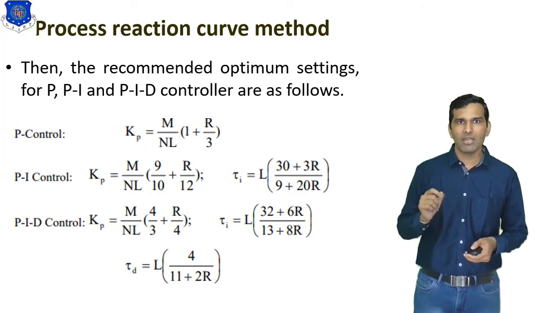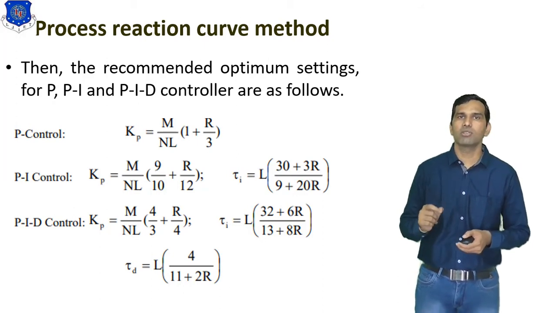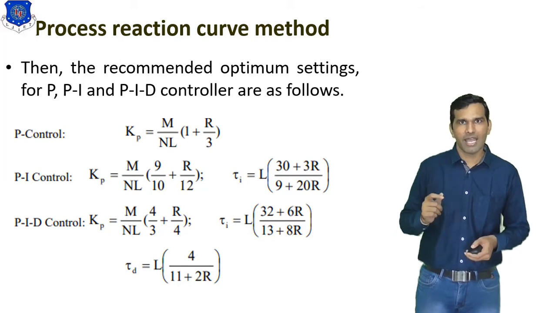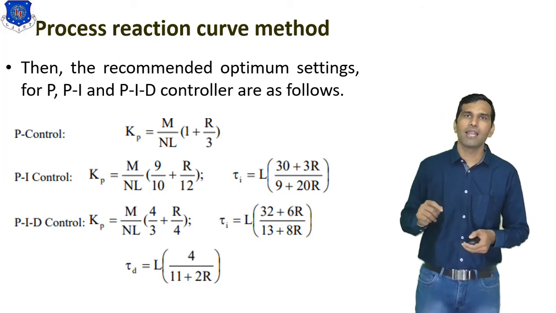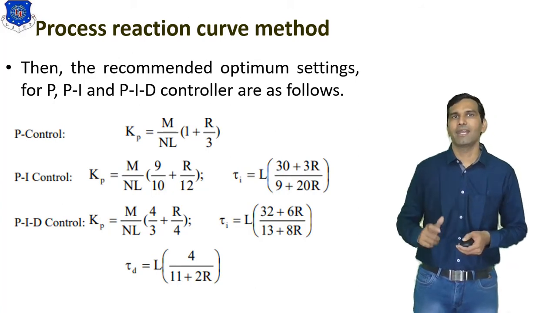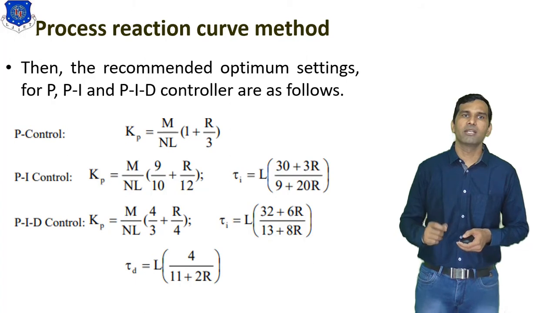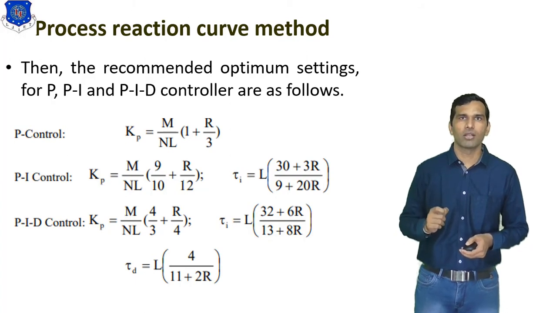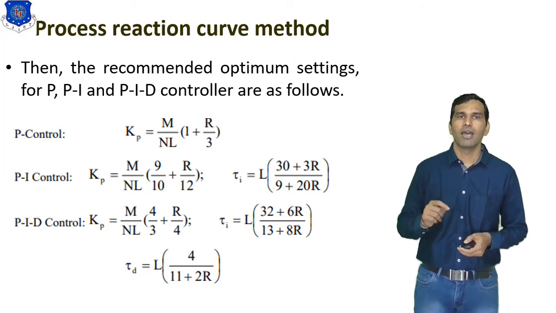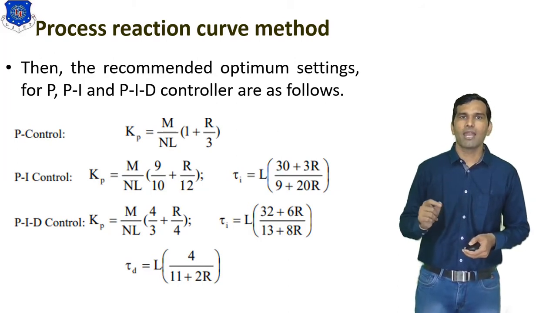For the Kp value, we can find it by using this equation: M/(NL) × (4/3 + R/4). For the value of Ki or Ti, we can find it by using L × (32 + 6R)/(13 + 8R). And for the derivative controller, the value of Kd, we can find it by using Td = L × 4/(11 + 2R).